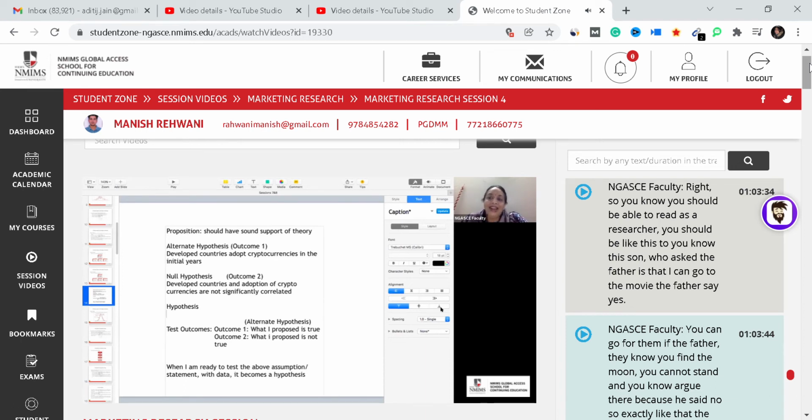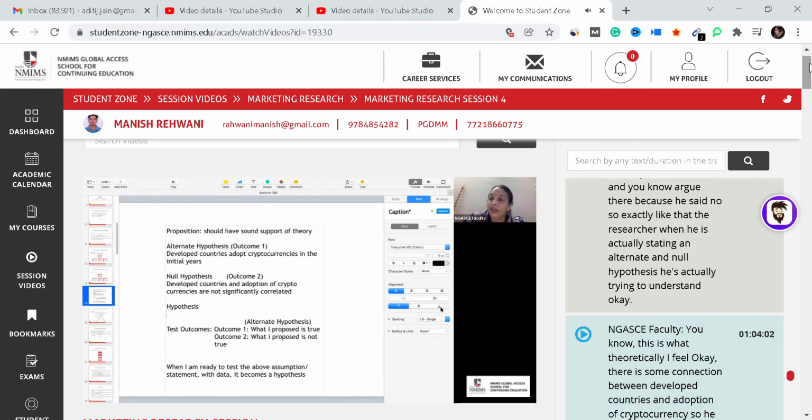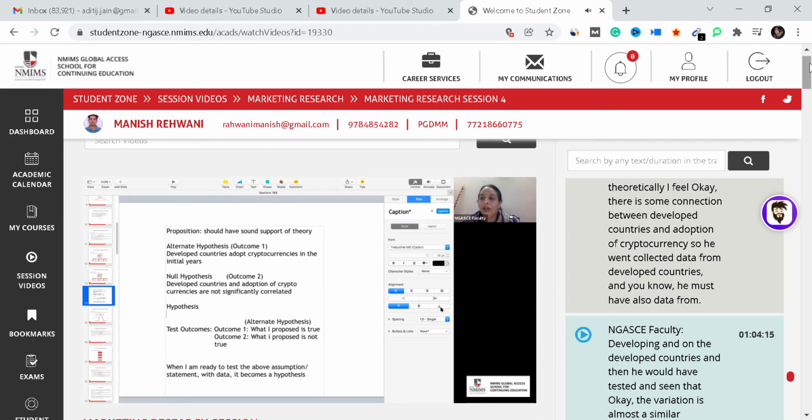So exactly like that, the researcher, when he is stating an alternate and null hypothesis, is trying to understand, okay, this is what theoretically I feel. There is some connection between developed countries and adoption of cryptocurrency. So he collected data from developed countries, and he must also have data from developing and underdeveloped countries, and then he would have tested and seen that the variation is almost similar everywhere.